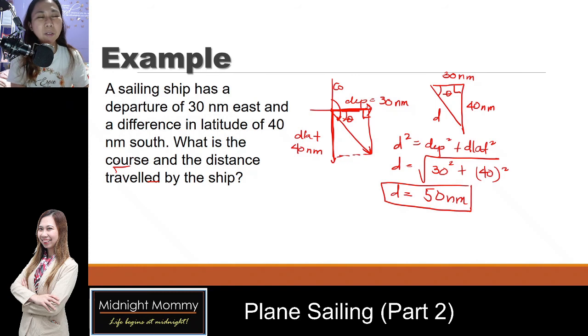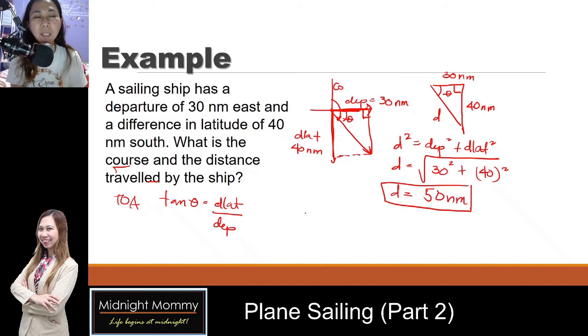Okay, next, solve natin yung ating course. So, paano natin makukuha yung course? So, dito, gagamitan na natin to ng TOA or yung tangent ratio. So, this is tangent theta is equal to yung opposite side. So, opposite side ng angle na to is yung 40 nautical miles na difference in latitude. So, this is d lat over yung ating adjacent side, which is your departure.